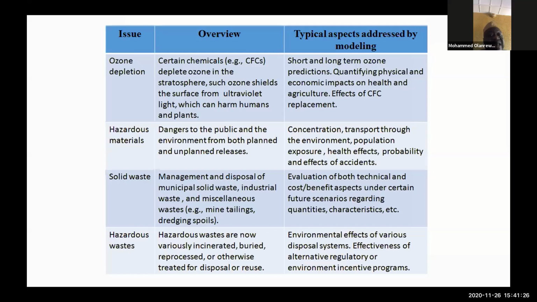Hazardous waste. The difference between hazardous material and the waste from the hazardous material is what we call hazardous waste here. Hazardous waste are now variously incinerated, where they will just build a particular thing, bury, reprocess, or otherwise treated for disposal or reuse. Here again, for somebody that is interested in that, the person needs to look at the environmental effect of various disposal systems, where the person will say, okay, let me now separate this into two.